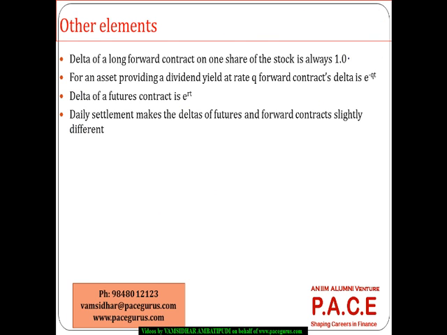A few other important points. Delta, if I am looking at delta for a forward contract, it's always 1. And if that asset is providing a dividend yield of Q, then we say that the delta of the forward is e power minus qT. Whereas for a future, we talk about the delta being e power RT, because there is a daily settlement that is happening.